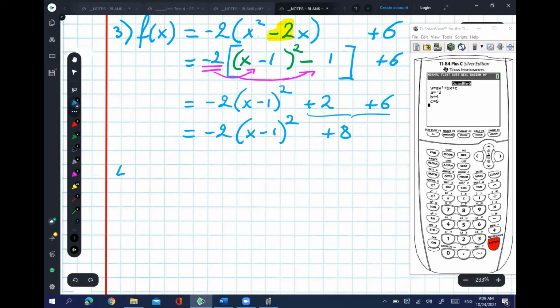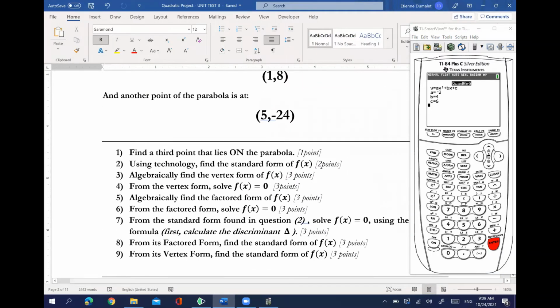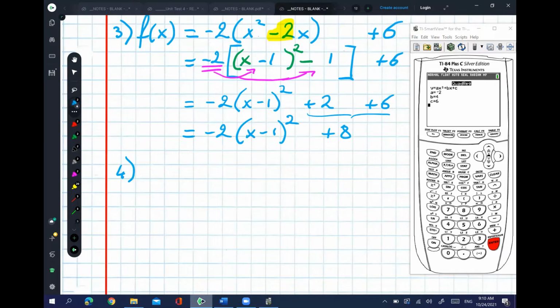Then question number 4, I'm asked to solve from the vertex form that I just found, f of x equals 0. So I'll have f of x equals 0.